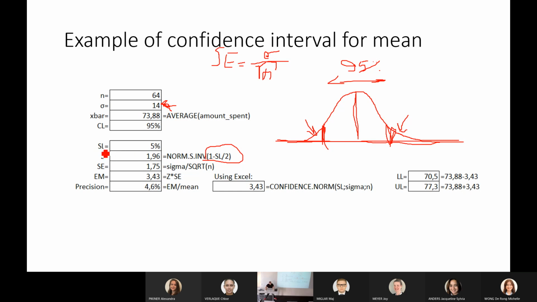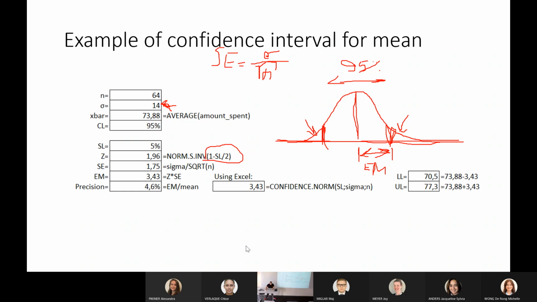Then the error margin tells us this distance. This is what the error margin is about. It tells us how far in each direction from the X bar we have to go.